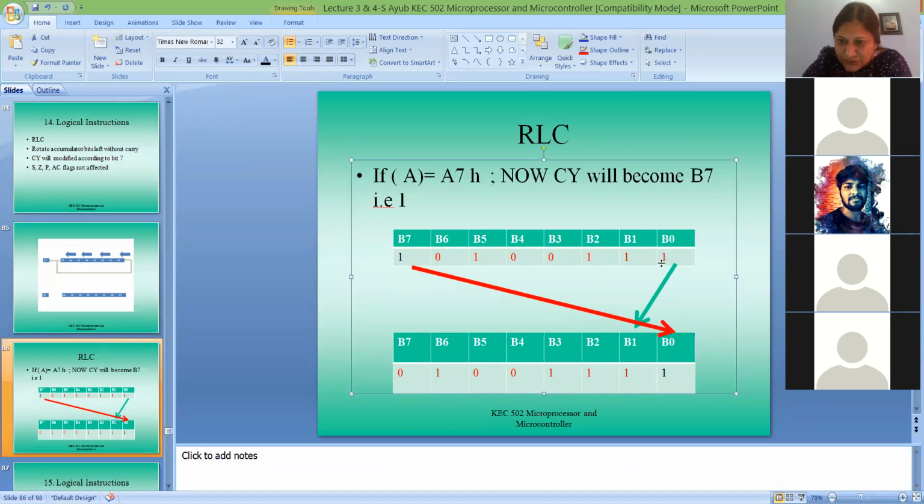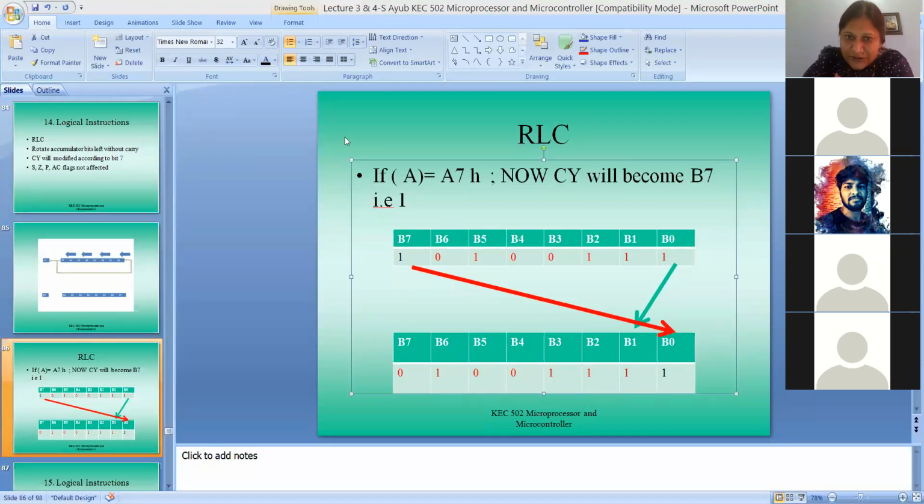This will come over here, this will come over here, and so on. And this will go to the position of the B0 bit, and again this will go to the position of carry. So carry will become 1 and your B0 bit will also become 1.